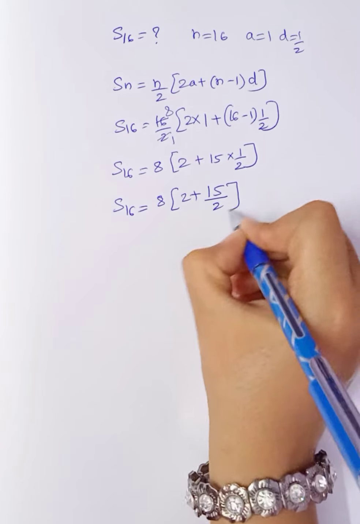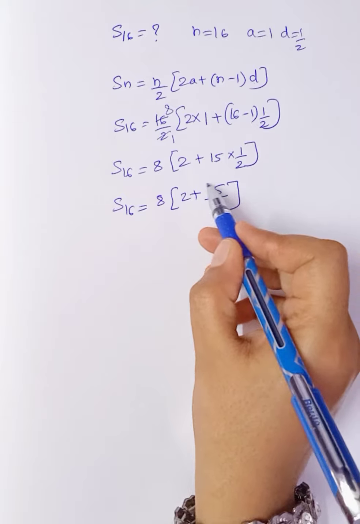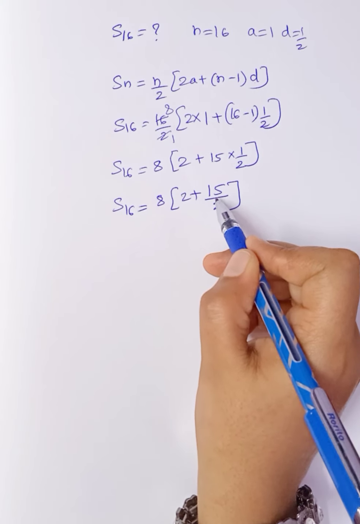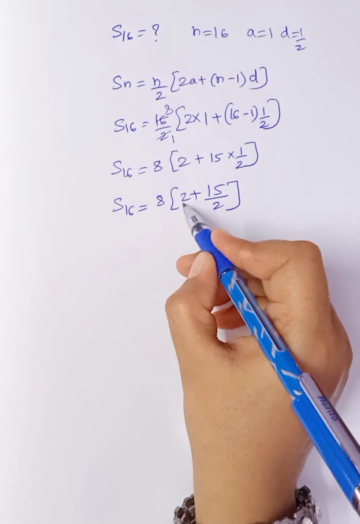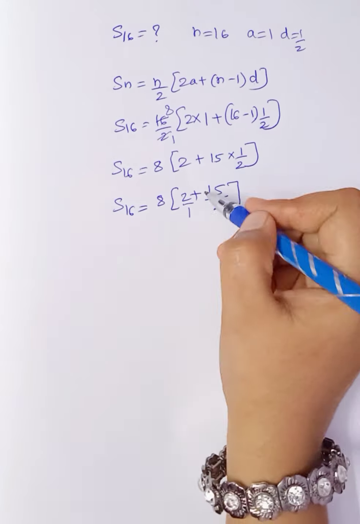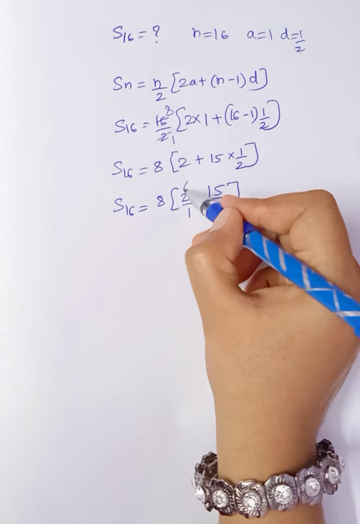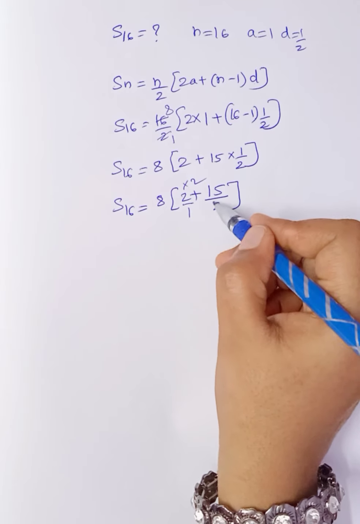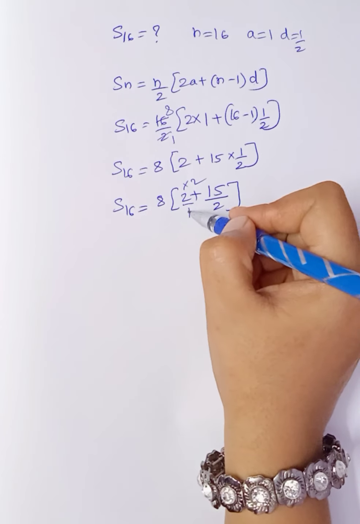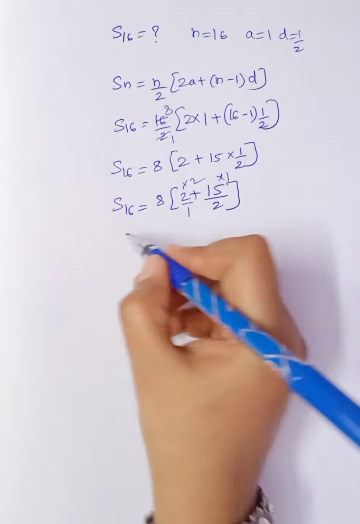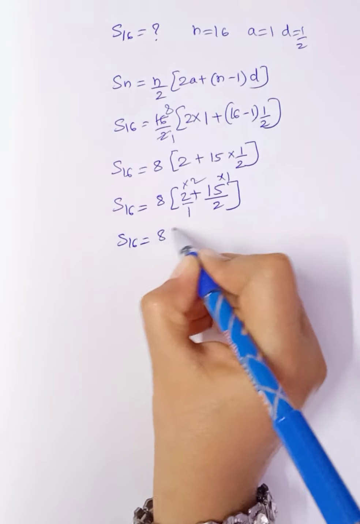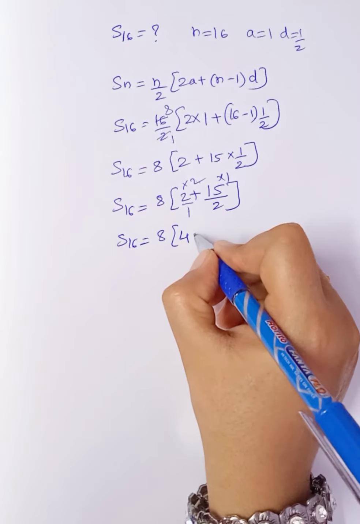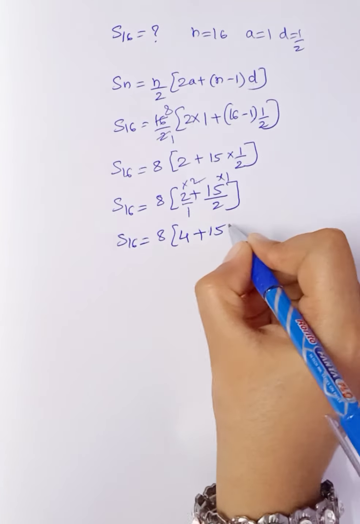Now I am going to simplify these two. The LCM is 2. So I am going to remove the LCM for this, so the denominator is 2. 1 2s are 2, 2 1s are 2. So S16 equals 8 into 2 2s is 4 plus 15 by 2.